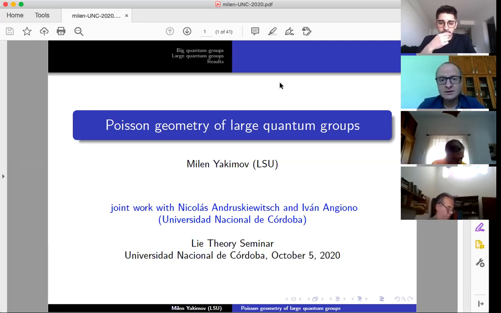In particular, this family of Hopf algebras is going to include as a very special case quantum supergroups at roots of unity. And this framework will produce a method to study the irreducible representations of these important objects using Lie groups and Poisson geometry.